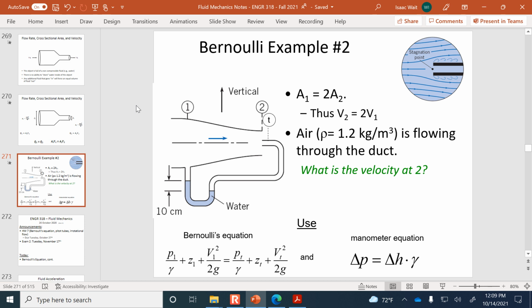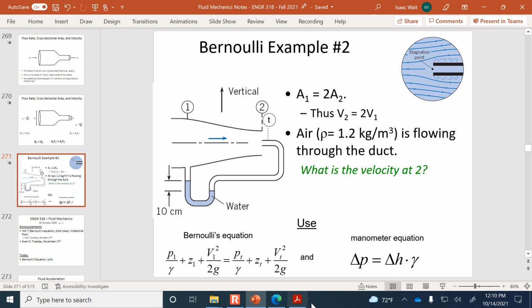So that is a pressure change of 981 newtons per meter squared. Now that we've got that number, you can see in Bernoulli's equation, all we need to do is multiply each term by gamma and then rearrange the equation to solve on one side for the change in pressure. And we know the change in pressure: it is 981 pascals.